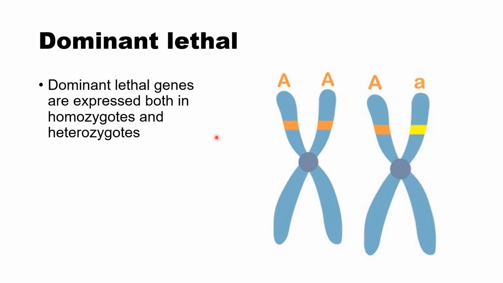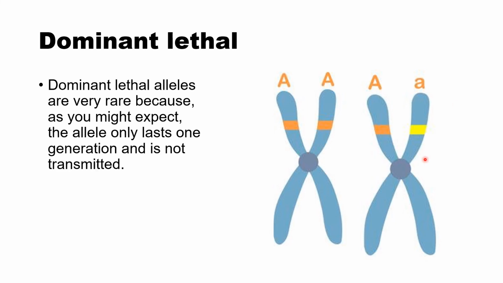Now, dominant lethal genes are expressed both in homozygotes and heterozygotes. So, the recessive lethal takes effect only if your gene is homozygous, while the dominant lethal takes effect, and the organism dies, if it is a homozygote or a heterozygote. Both are affected. Now, dominant lethal alleles are very rare because you might expect the allele only lasts one generation and is not transmitted.